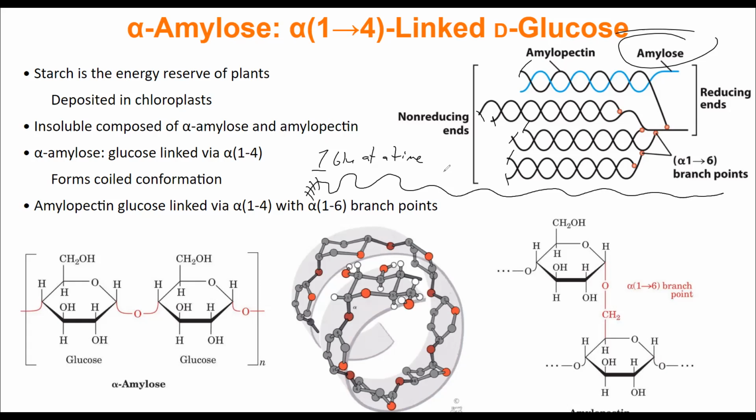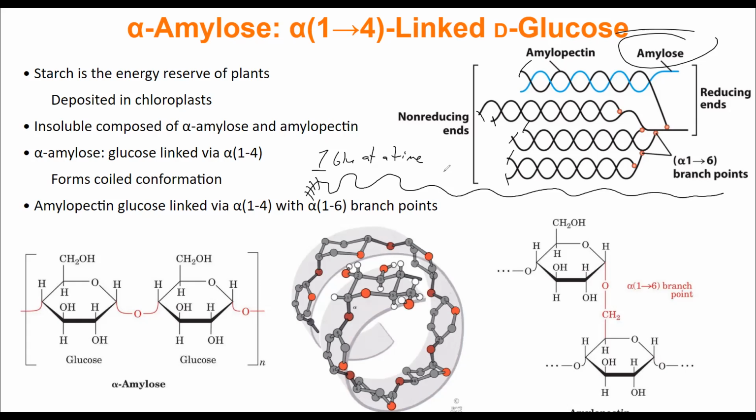Let me see if I can explain this a little better, why it's storage. When you turn on the enzyme to chop off glucoses from the end of amylose or amylopectin, there's no way to tell that enzyme, don't touch one of these molecules because I want it as my safety reserve. The enzyme's not that smart. Your cell's not that smart.